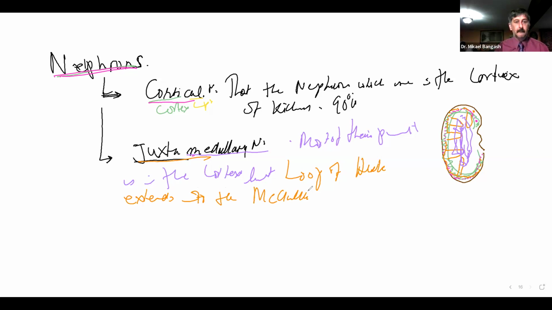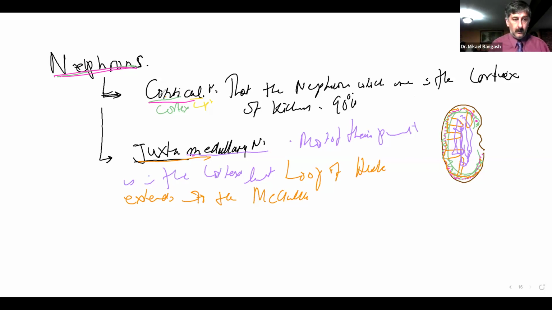Did you guys get that? So those are what we call the juxtamedullary nephrons. Otherwise, physically, your nephrons are mostly found in the cortex.